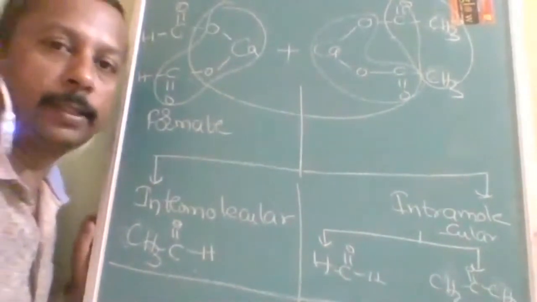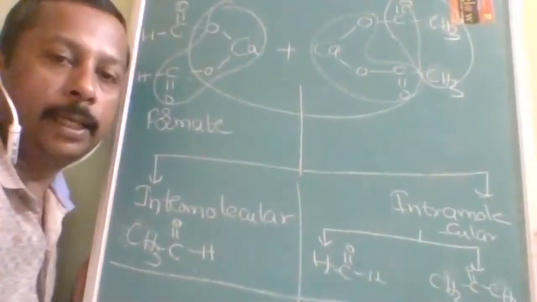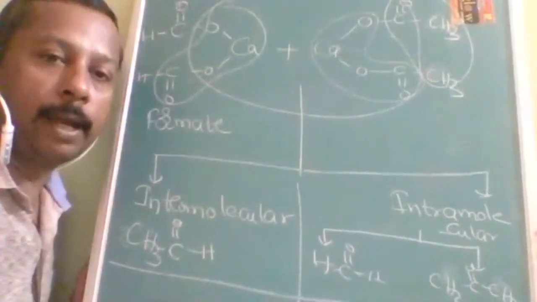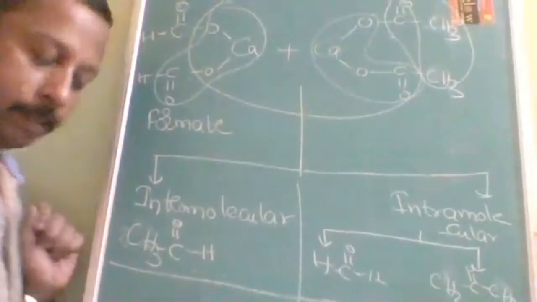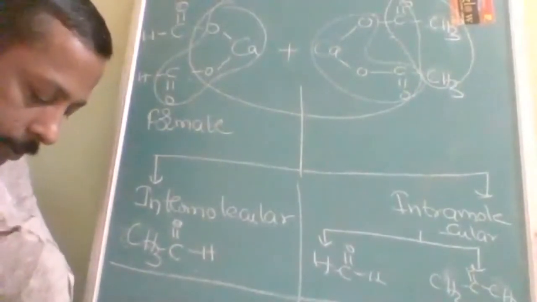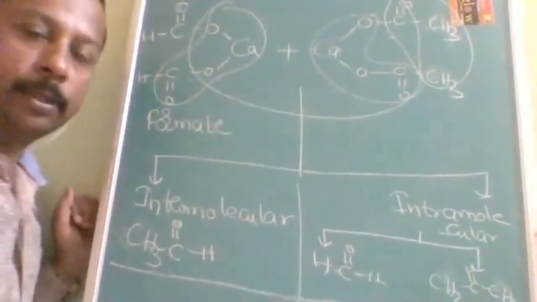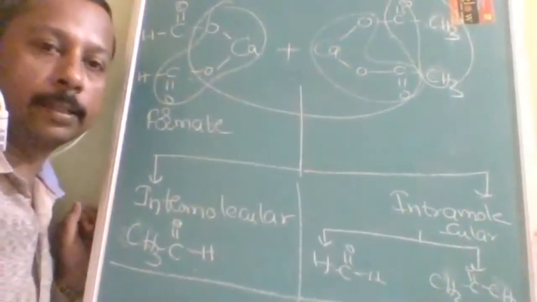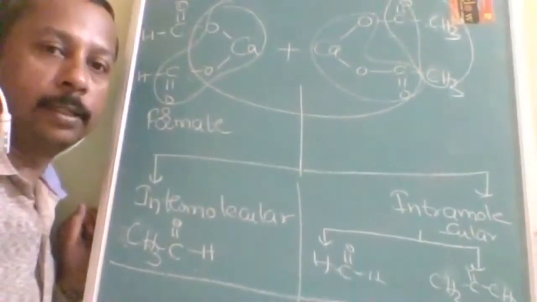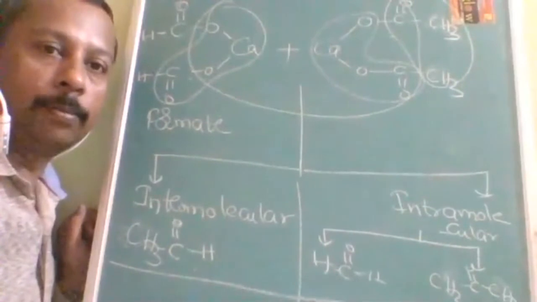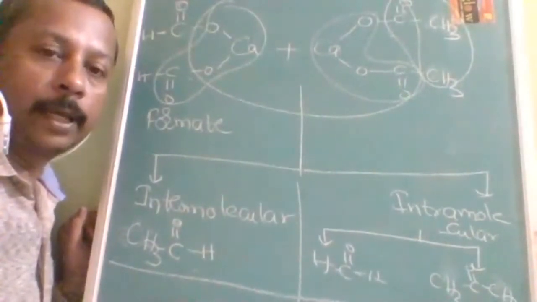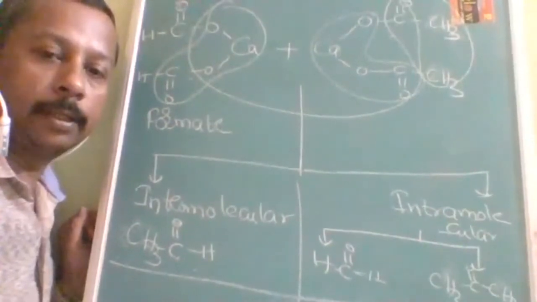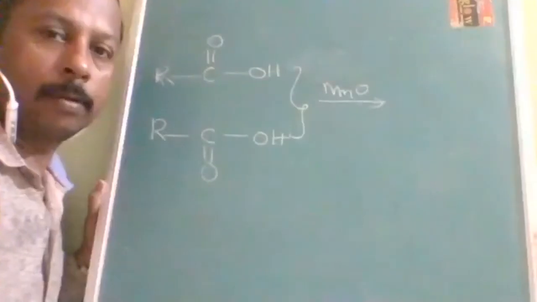And by using the same reactant but changing the medium, the second method is by catalytic decomposition of carboxylic acid. So next method we are going to start, so be careful.